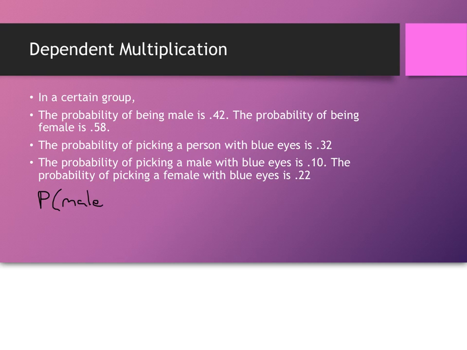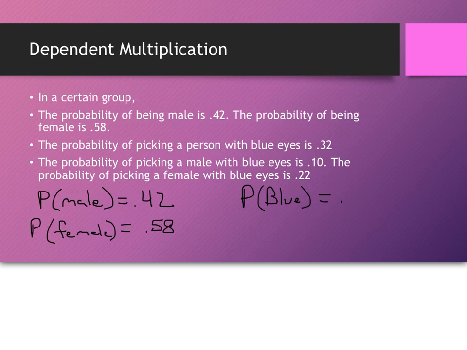So probability of male is 0.42. Female in this particular group is 0.58. So 42% of this group is male, 58% is female. Probability of picking a blue-eyed person is 0.32 in this group.